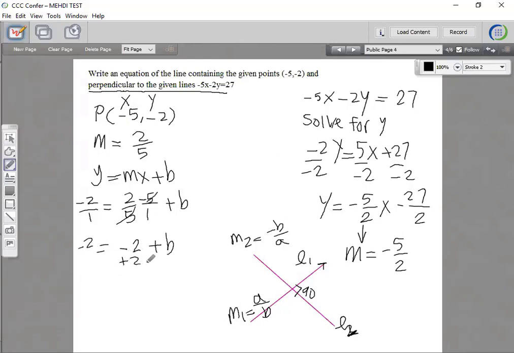If I add 2 to both sides of the equation, what is b equal to? Looks like b is equal to -4. Once I know b and the slope, I'm done. The equation of the line would be y = 2/5x plus b, which is -4. So this is the equation of the line that passes through this point and is perpendicular to this reference line.